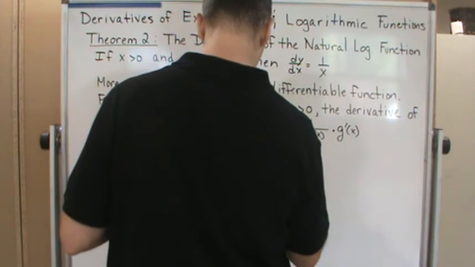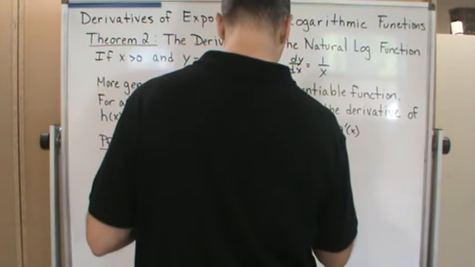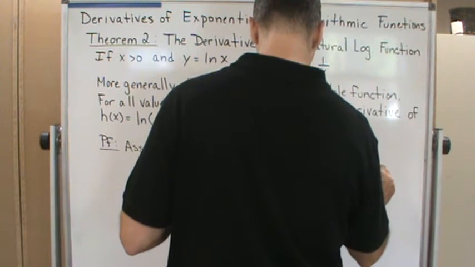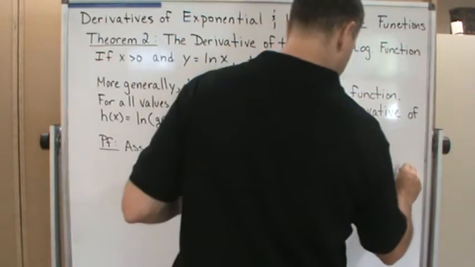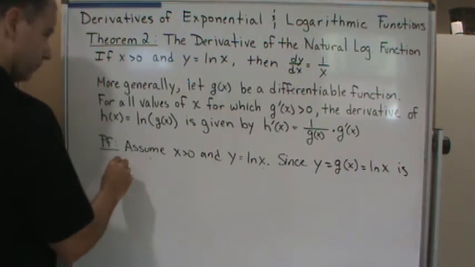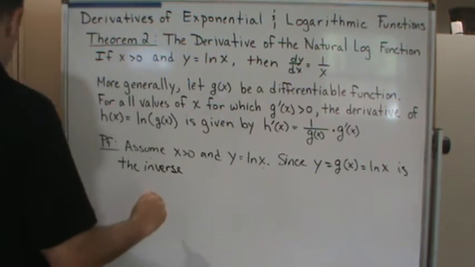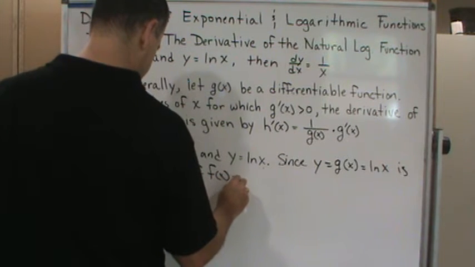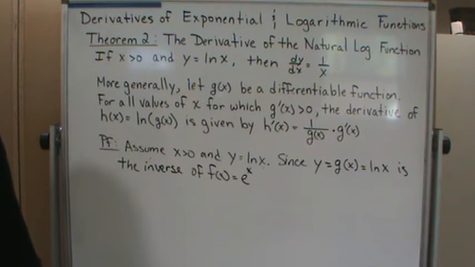Since y equals g of x equals natural log of x is the inverse of f of x equal to e to the x, by applying the inverse function theorem, what do we get?